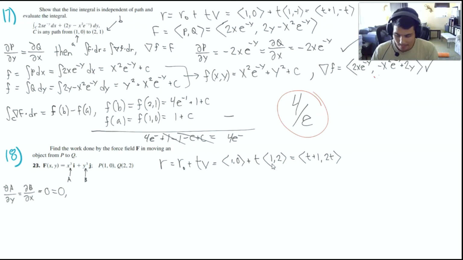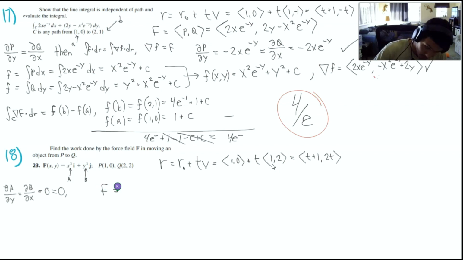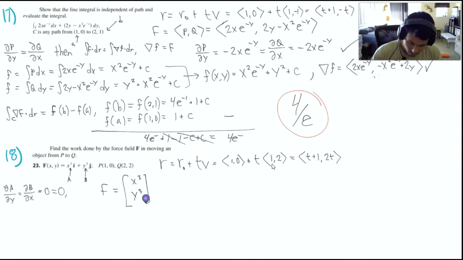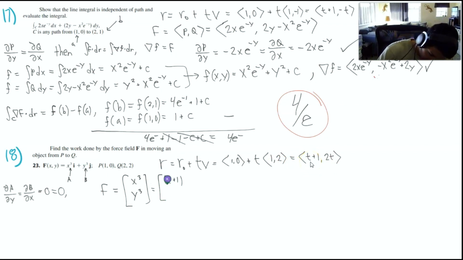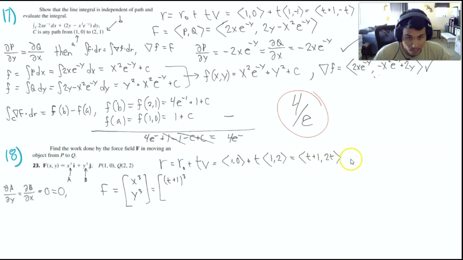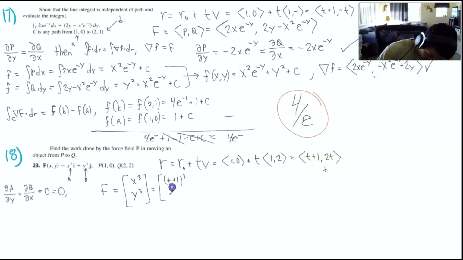That's what we need. And maybe we should rewrite f as a function of t. Well, f was originally (x cubed, y cubed). If x is t plus 1, then this turns into (t plus 1) cubed. And if y is 2t, this turns into (2t) cubed.